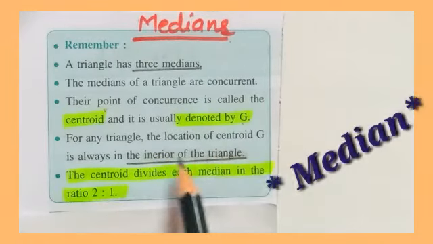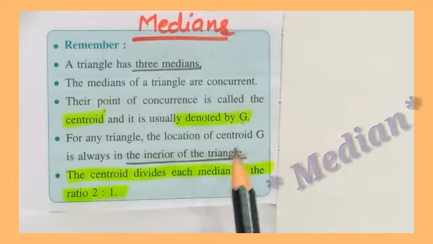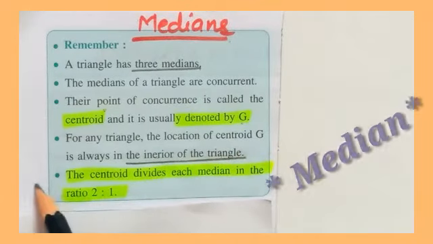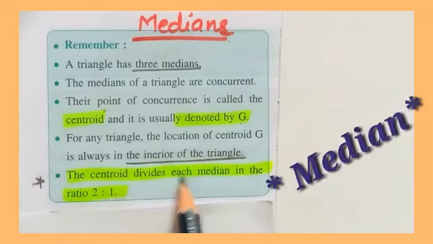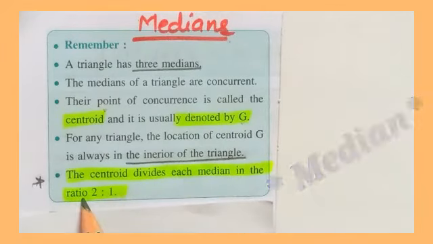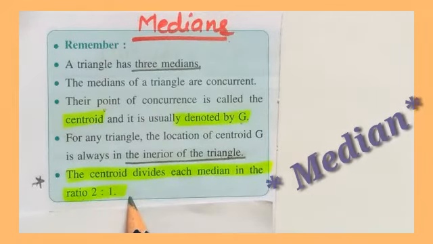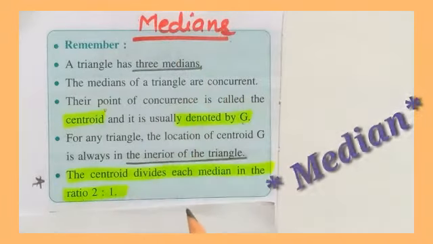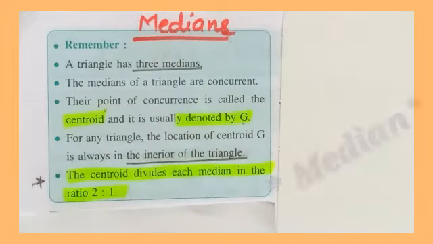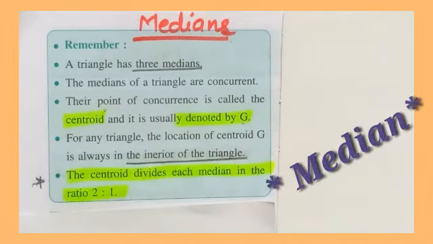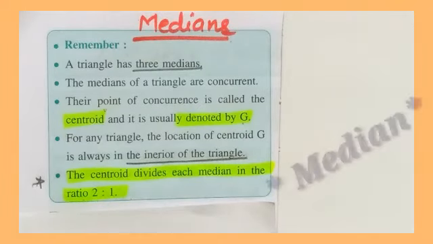It means G is always at the interior of the triangle. And the last most important property is that the centroid divides each median in the ratio 2:1. This is all we have learned about the medians. If you want, you can take a screenshot which helps you to write all those things in your classwork notebook.